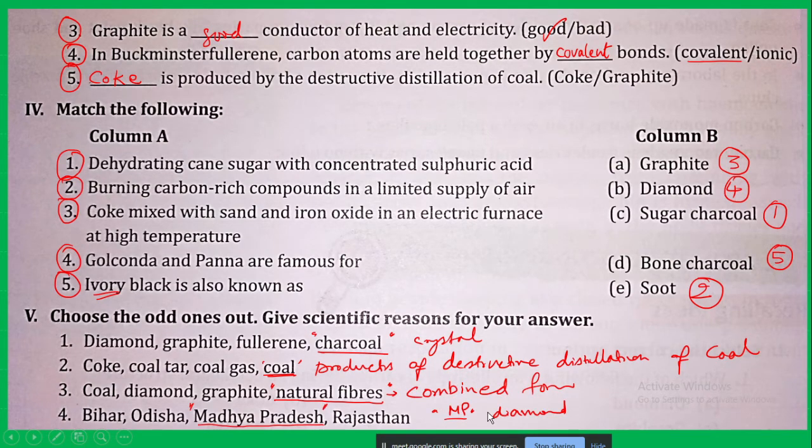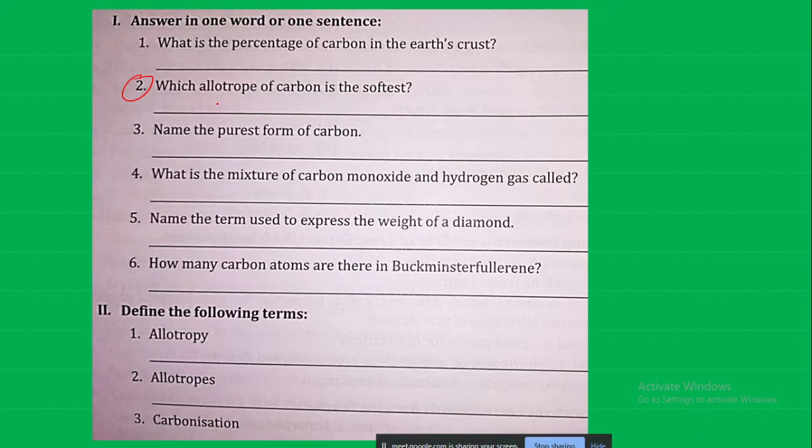what is the percentage of carbon in the earth crust? Which allotrope of carbon is the softest? Graphite. Name the purest form of carbon. Diamond.